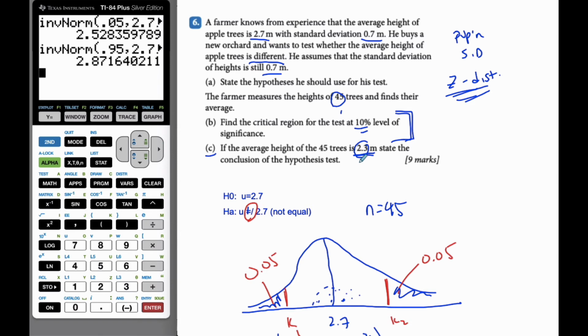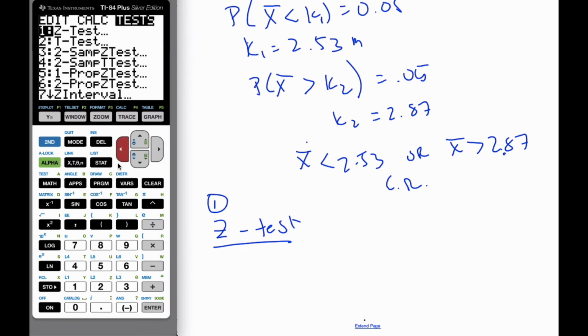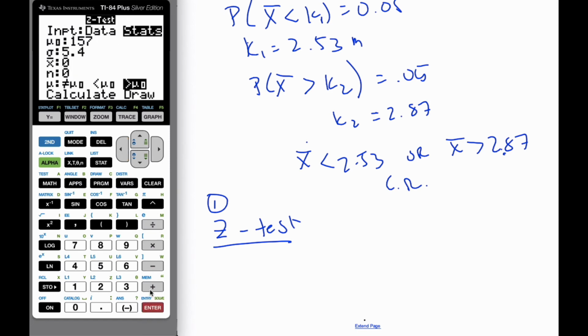So now I know that 2.3 was my mean. I'm going to do a z-test, and I'm going to do it two ways. One, I could do a z-test with my calculator. I could just go to tests, z-test, and I have statistics. Mu is 2.7. The standard deviation I know is 0.7.